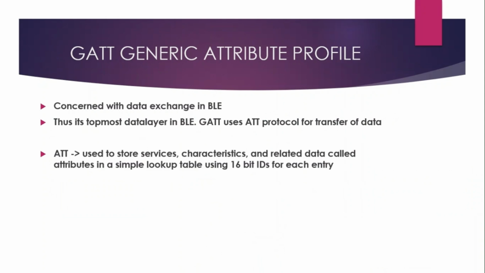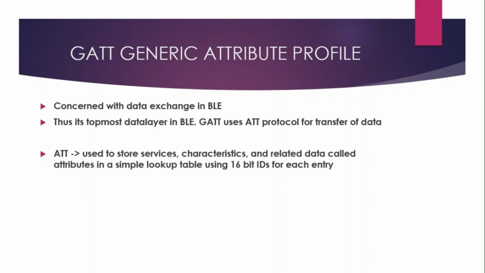GATT is nothing but a generic attribute profile. It's basically concerned with data exchange in BLE. Therefore, it is the topmost data layer in Bluetooth Low Energy. GATT uses the ATT protocol for transfer of data. ATT is nothing but attribute protocol. It's basically used to exchange the characteristics or the attributes defined in the GATT server.